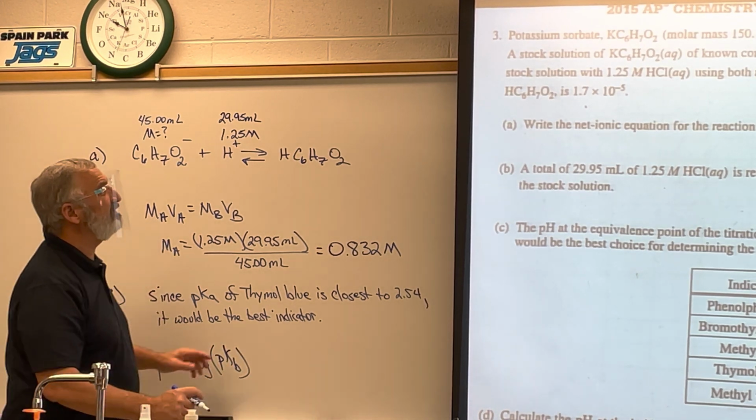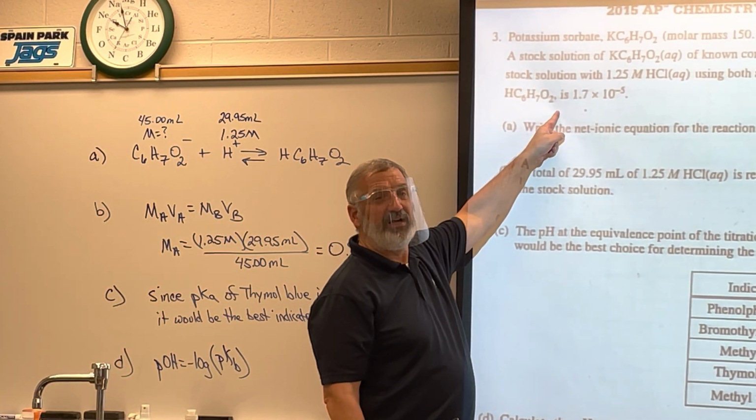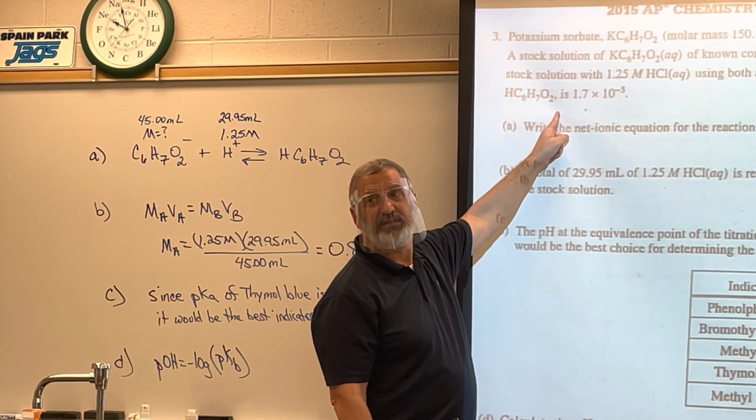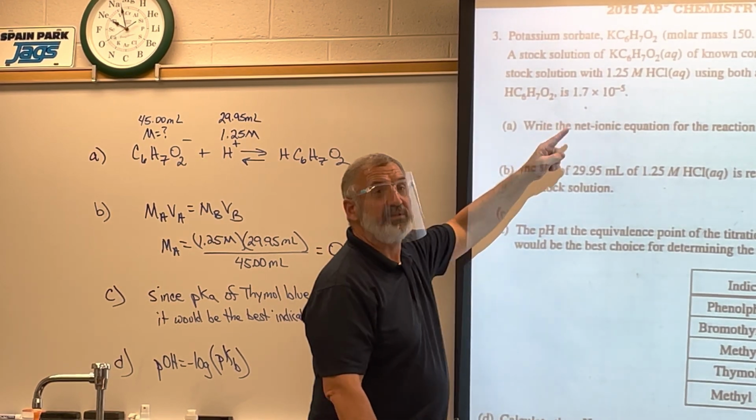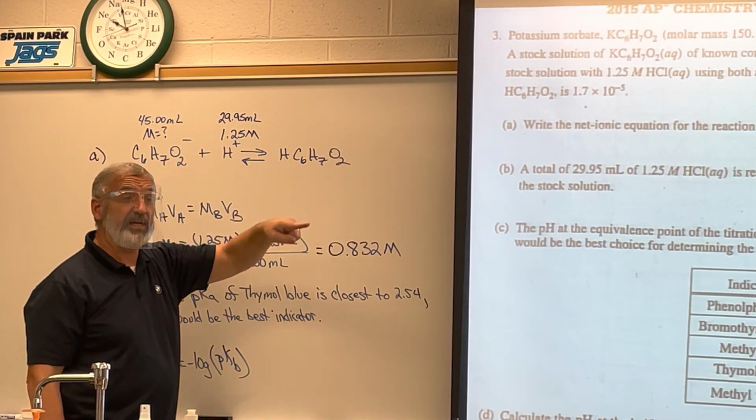So if I'm given the Ka, how do I find the Kb? Because Ka times Kb equals Kw.